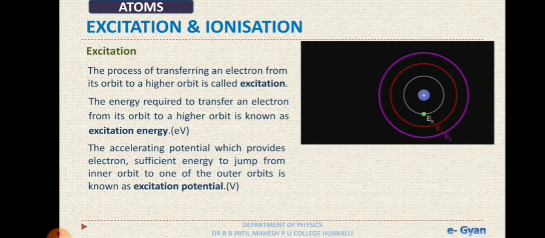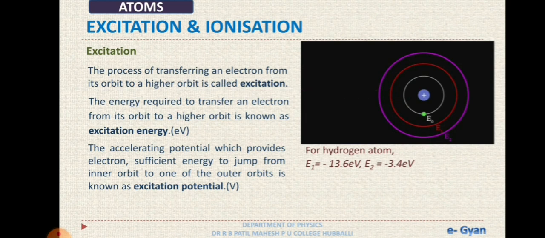That is, in a hydrogen atom, the electron jumps from the first orbit to any of the higher orbits, say 2, 3, 4 and so on. The energy required is called excitation energy, and the accelerating potential which provides it is called excitation potential.